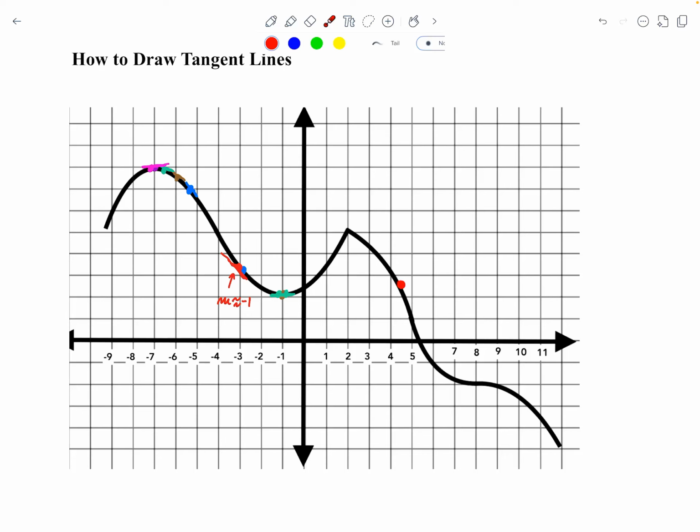If I'm looking at this portion here, these are again negative slopes because the graph is decreasing. So if I draw a line that follows the graph, those are decreasing lines that have negative slopes, and then they become less steep.